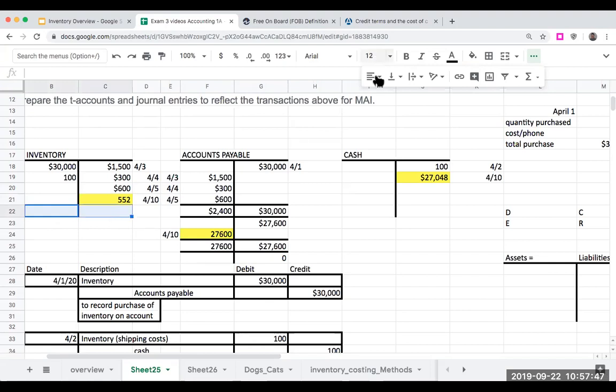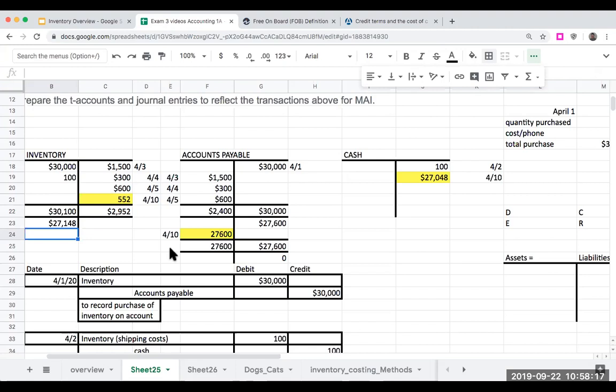So when I go through here and I finish adding these up, the ending balance in my inventory account is going to be, let's see here, $27,148.